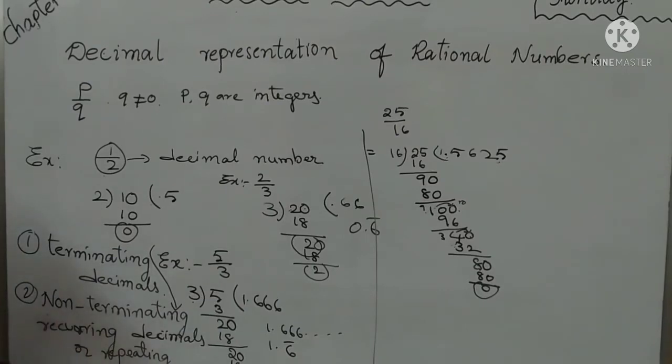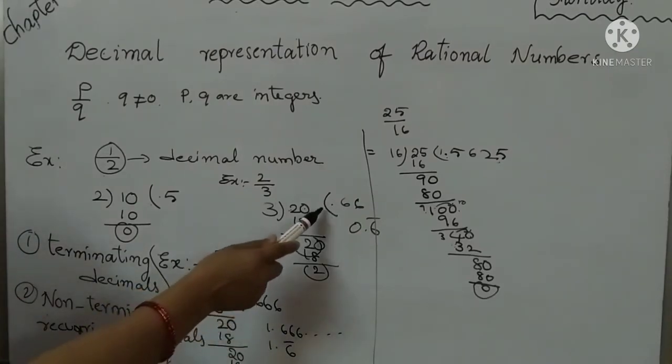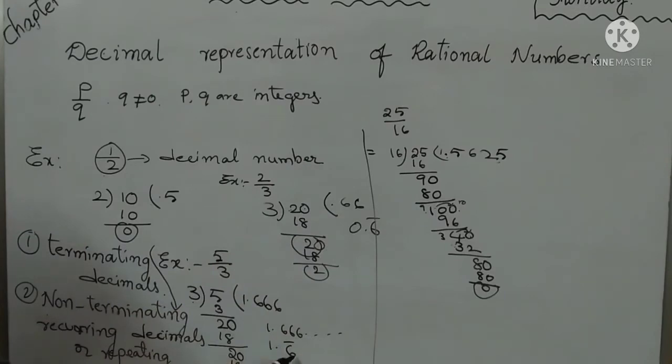The second one is non-terminating decimals, non-terminating recurring or repeating decimals. Observe here 1.666 and here also 0.66. That is the repeating numbers. I will take another example. Repeating numbers or not.